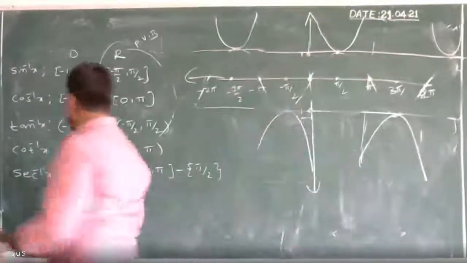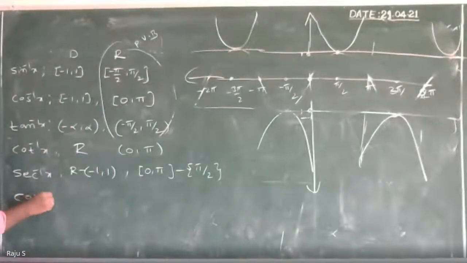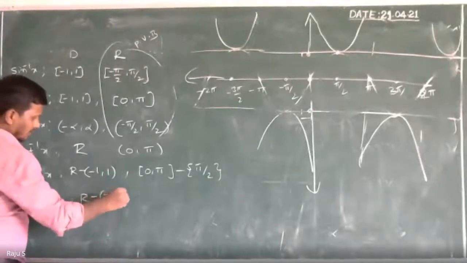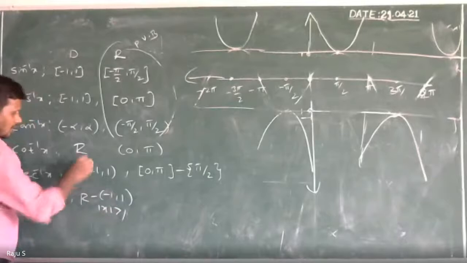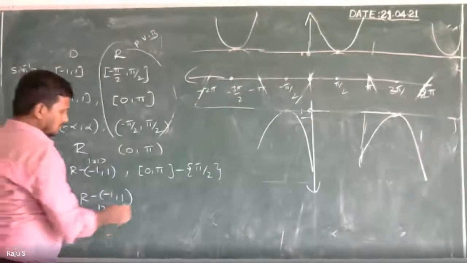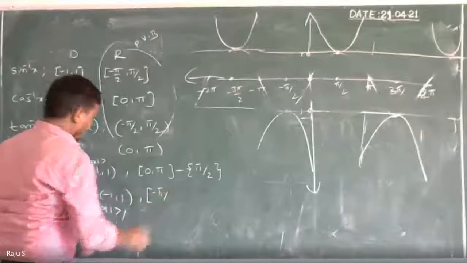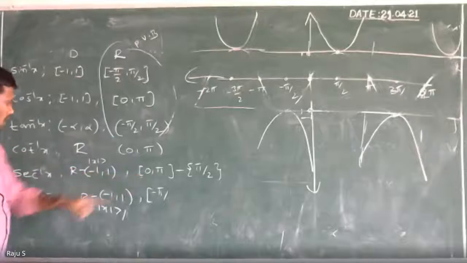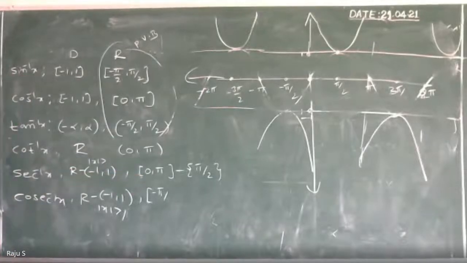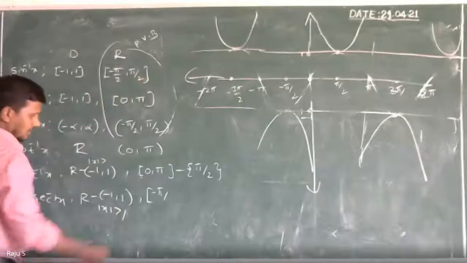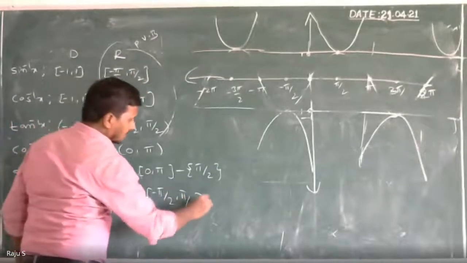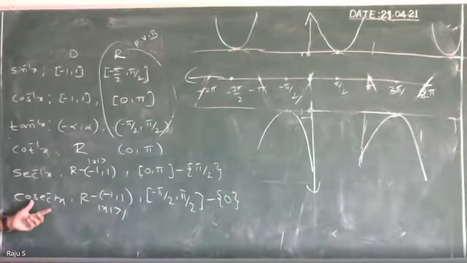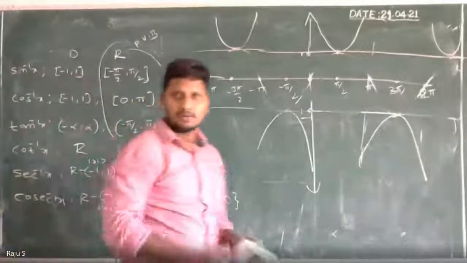So what about cosecant inverse? The domain is R minus (-1, 1), otherwise mod x is greater than or equal to 1. Here also mod x is greater than or equal to 1. For the output, secant is the reciprocal of cos, so both are the same. Cosecant inverse is the reciprocal of sine, a closed interval, here also a closed interval, but other than 0, because cosecant 0 is clearly undefined.